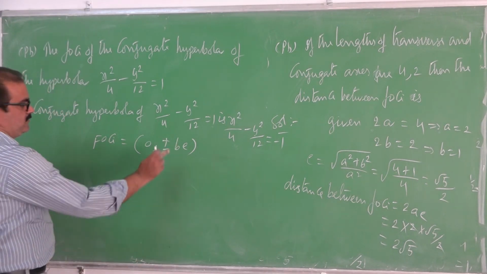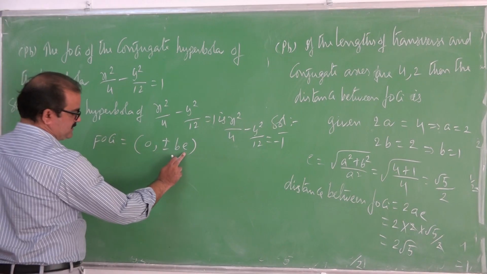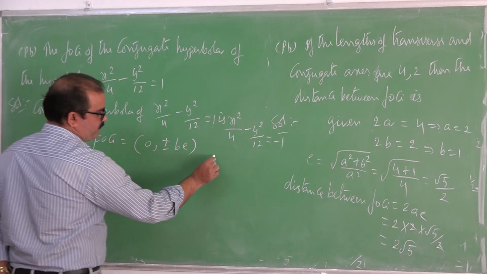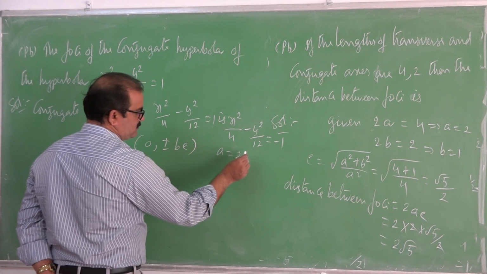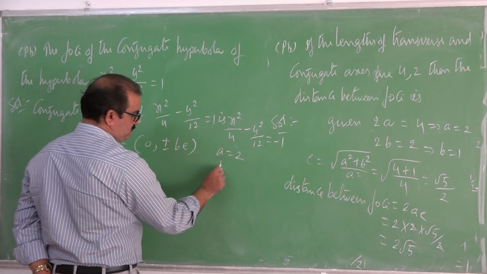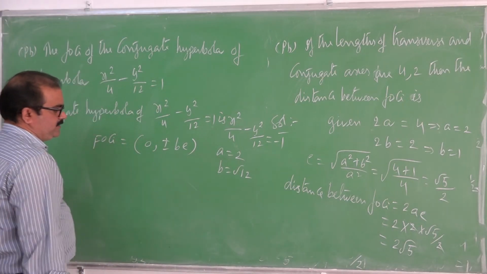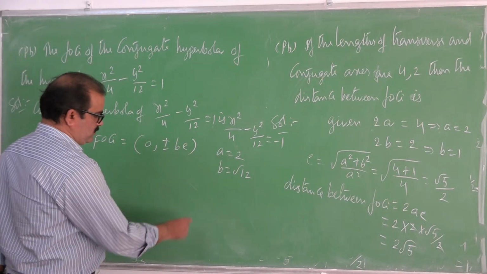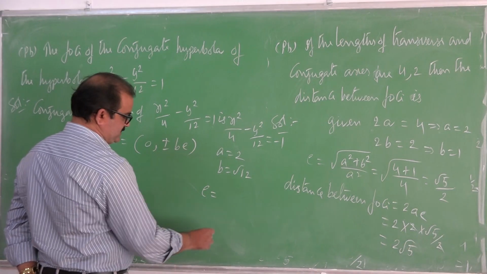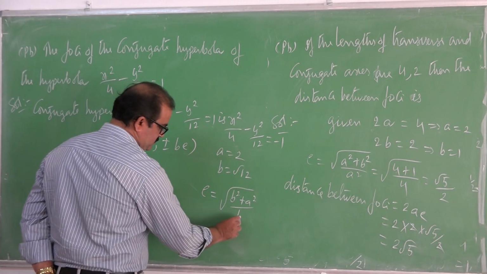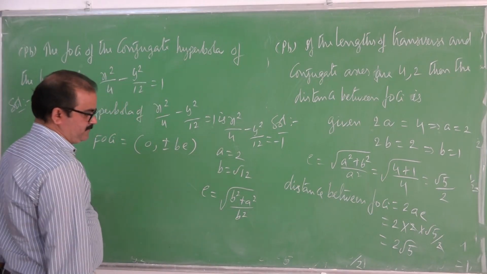Now, first we find eccentricity e. What is a square here? 4. So, a is equal to 2. b square is 12. So, b is equal to root 12. In a conjugate hyperbola, what is the formula to find eccentricity? Root of b square plus a square by b square.